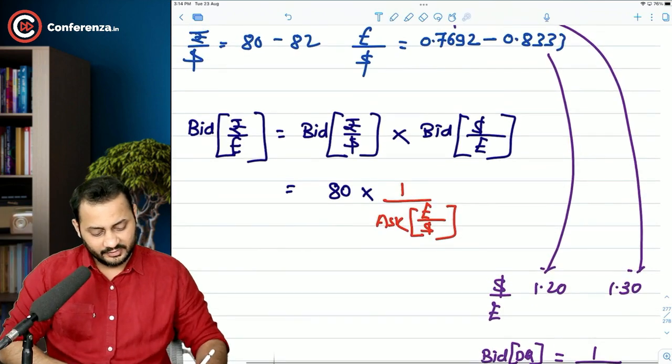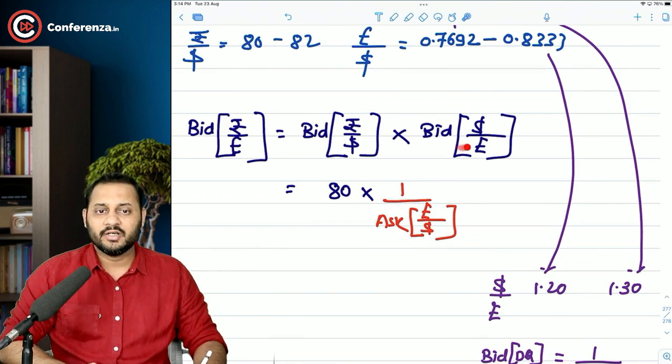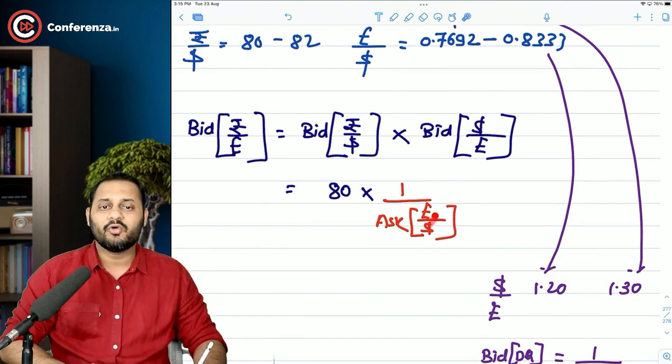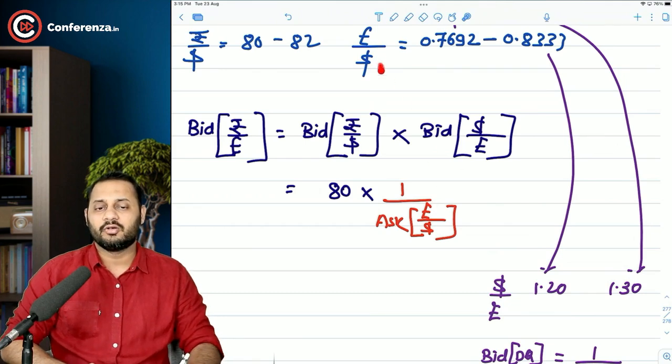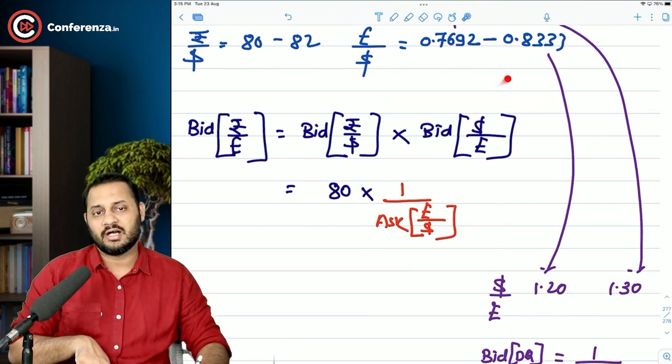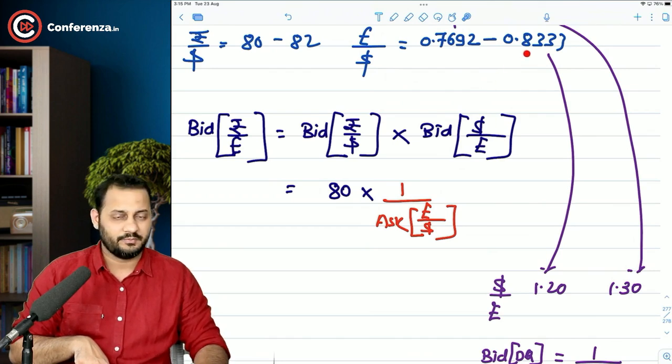And now we can clearly see that we have converted our requirement into what is given in the question. Pound per dollar, and now pick the ask of that, that is 0.8333. In order to find out bid of dollar per pound, we have to take ask of pound per dollar.